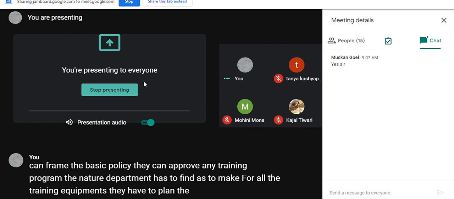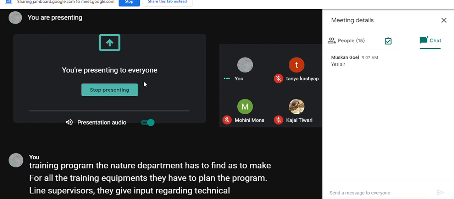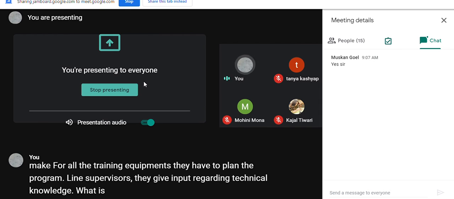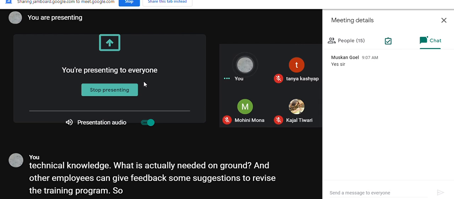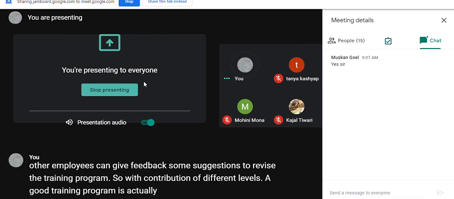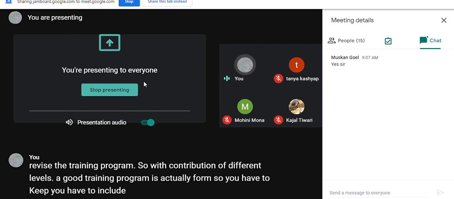Line supervisors give input regarding technical knowledge, what is actually needed on the ground, and other employees can give feedback and some suggestions to revise the training program. So with the contribution of different levels, a good training program is actually formed. You have to include those people and form a responsibility group.